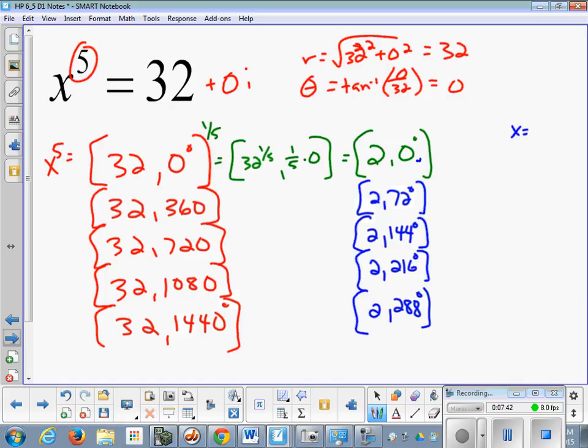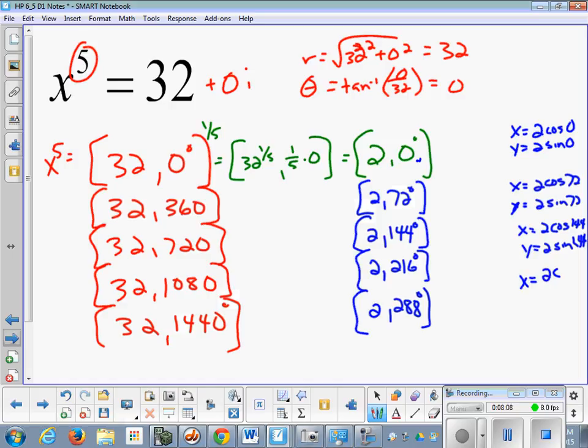x equals 2 cosine 0, y equals 2 sine 0, x equals 2 cosine 72, y equals 2 sine 72, x equals 2 cosine 144, y equals 2 sine 144, x equals 2 cosine 216, y equals 2 sine 216, and x equals 2 cosine 288, and y equals 2 sine 288.